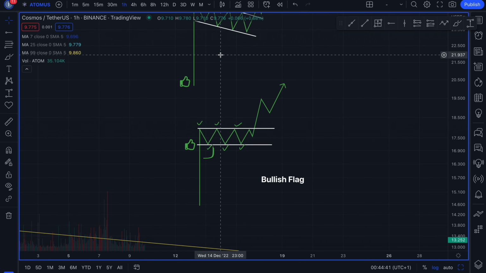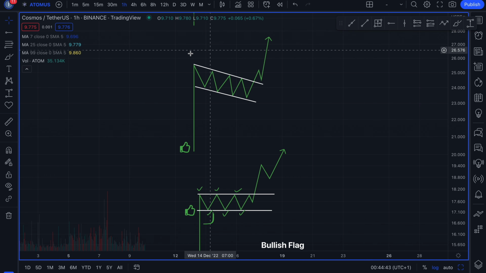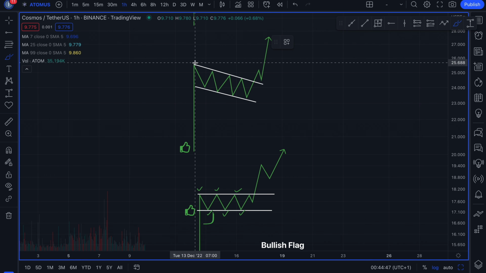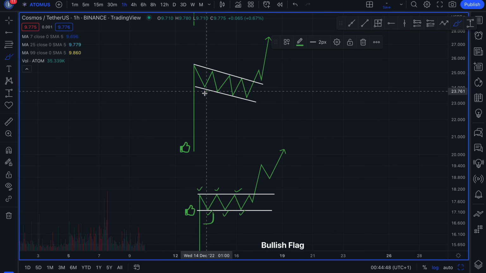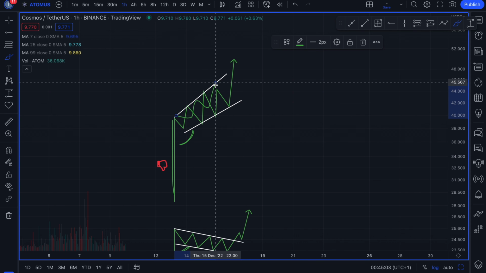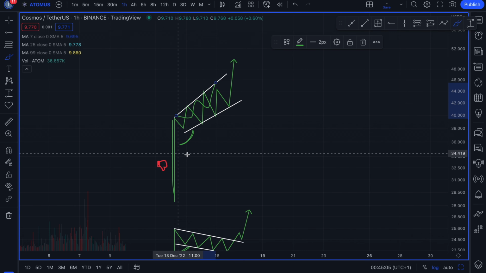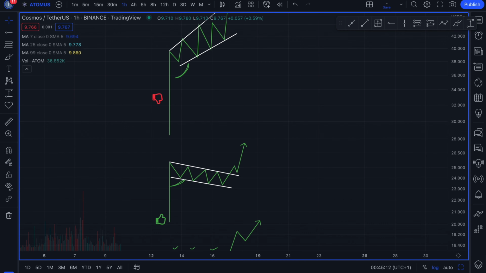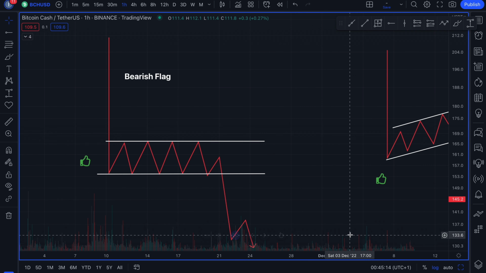It's also okay when you see this type of bullish flag. It's not like lines, it's more like trend lines, and the angle is less than 19 degrees. But avoid this type of bullish flag where you see that the angle between the flagpole and the consolidation part is more than 19 degrees. It's not so good.